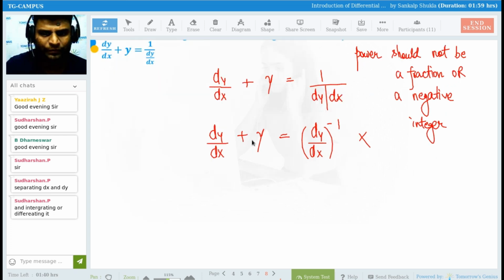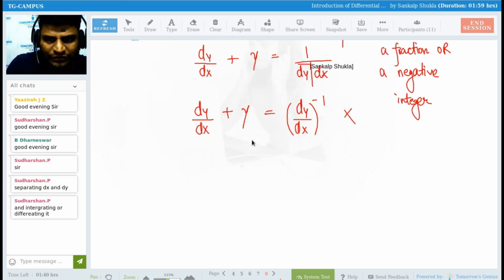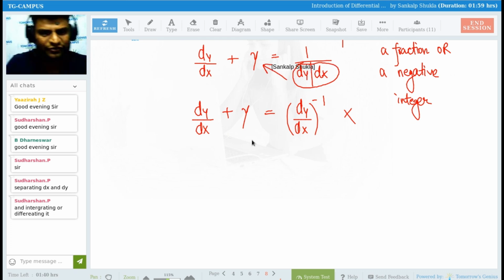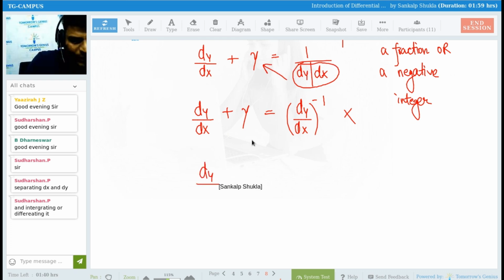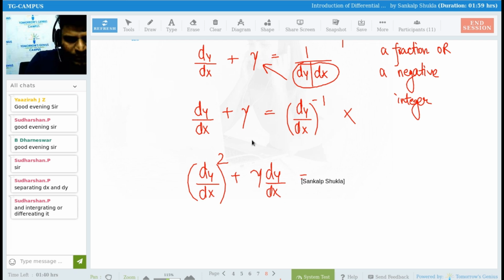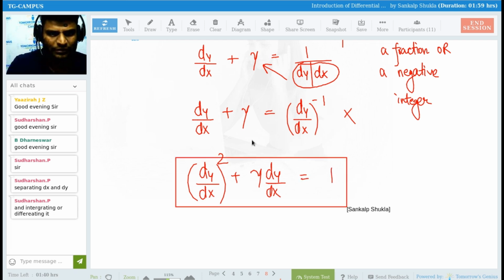Rather, what we can do is multiply by dy by dx, sending this dy by dx into the left hand side. So it will become (dy by dx) whole square plus y dy by dx is equal to 1. Now we can easily see that the order is 1 and the degree is 2. This is the answer.